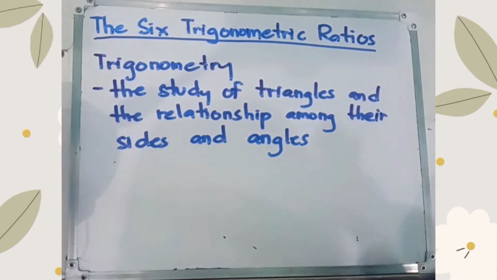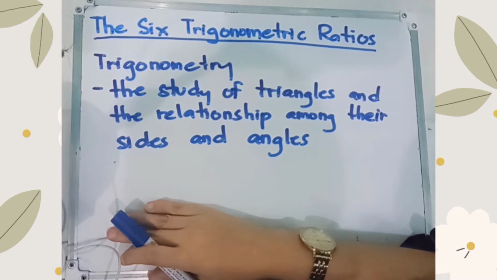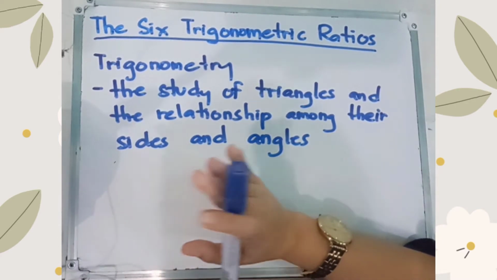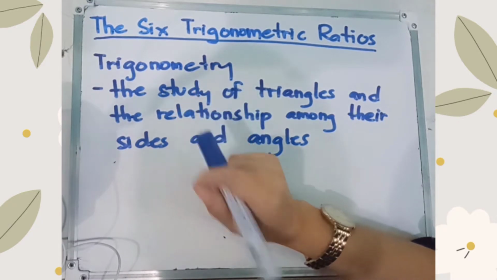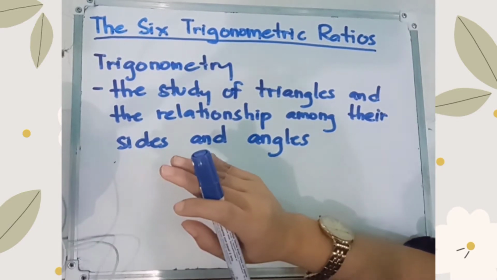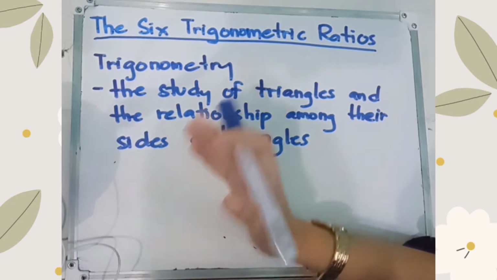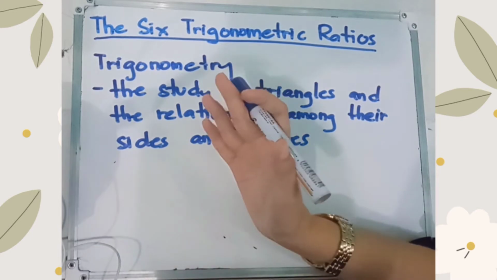Hi everyone. In this video, I will be talking about the six trigonometric ratios. If you can still remember, during the start of the semester, I told you guys that Math 101 is a review of both algebra and trigonometry.